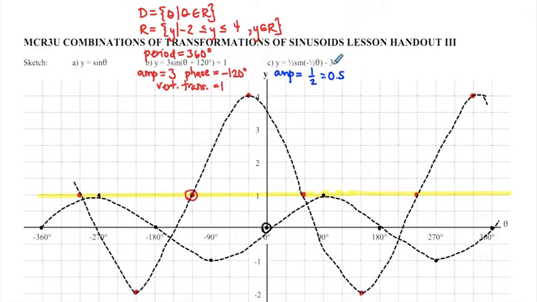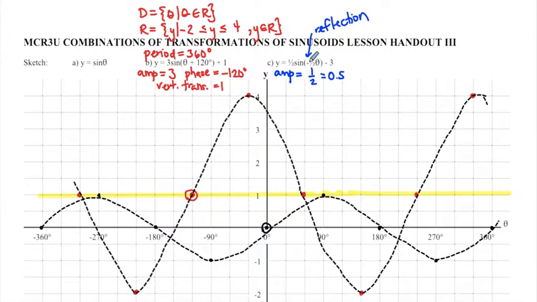There's no phase shift, since I'm not adding or subtracting anything in the same bracket as my theta. I do have a K value, and my K value is negative. So I'm going to have a reflection here, which is important to note. Instead of going up initially, I'm going to go down initially.